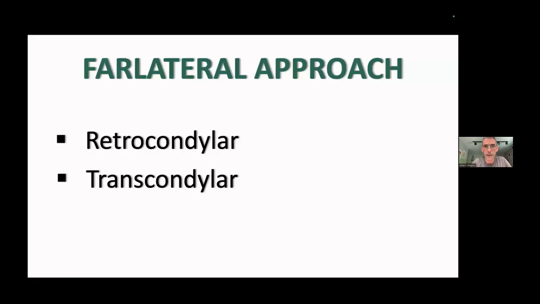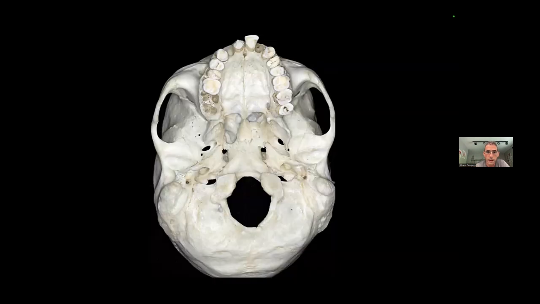If we read the literature, there are many kinds of far lateral approaches, but we have to try to simplify things. So for this kind of tumor, where we usually perform a far lateral approach, we divide it into two kinds: the retrocondylar approach or the transcondylar approach.